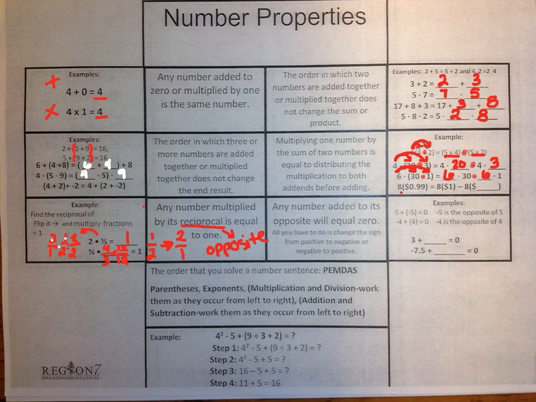So 99 cents is really, really close to $1. So we could say 8 times $1, which is 8 dollars. But if we do that, then we're going to have to take away the difference, which would have been a penny. So then we would have to say 8 times 0.01, which would just be 8 cents.